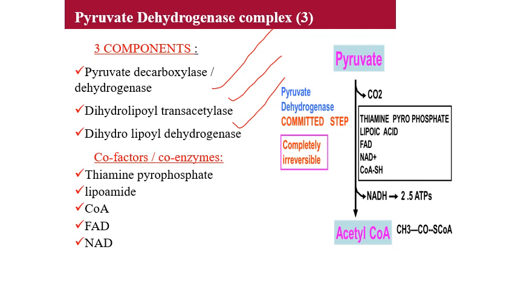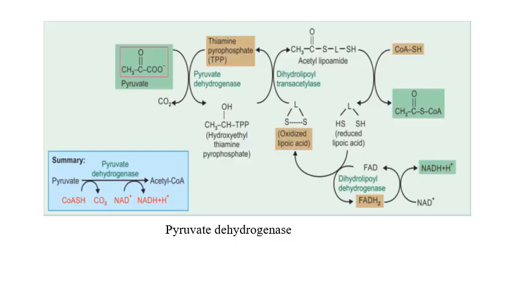That is the advantage of a multi-enzyme complex, as we have already learned with the fatty acid synthase complex also. Even though the reaction looks very simple, like pyruvate undergoing oxidative decarboxylation by the PDH complex to form acetyl-CoA, it is a complex reaction.